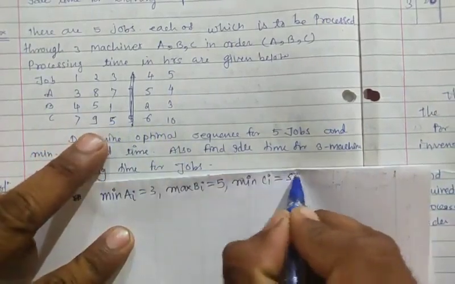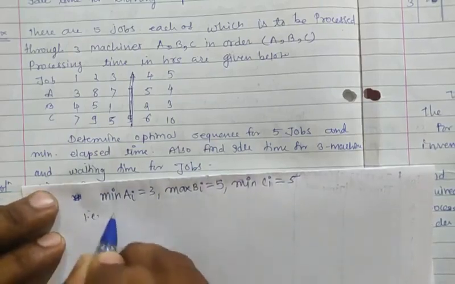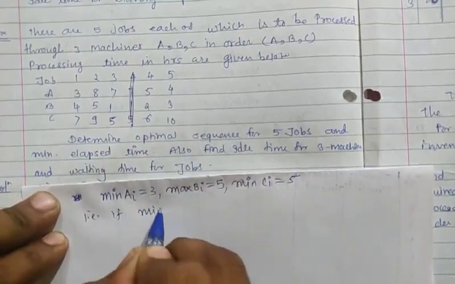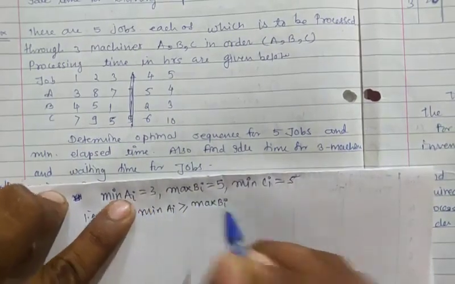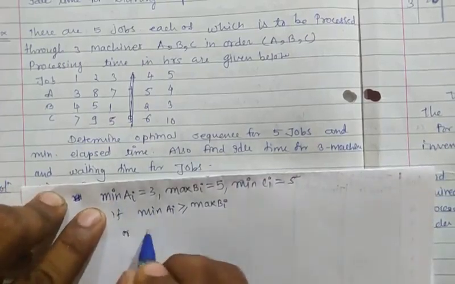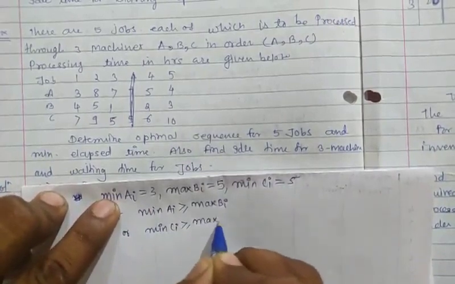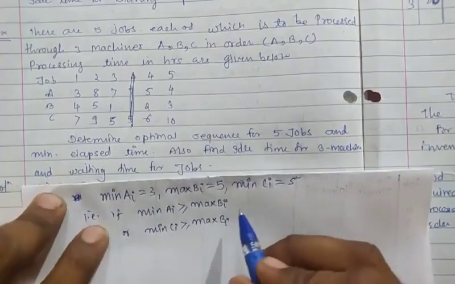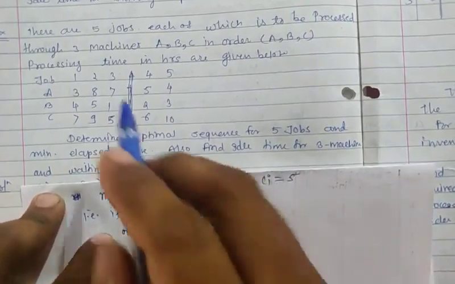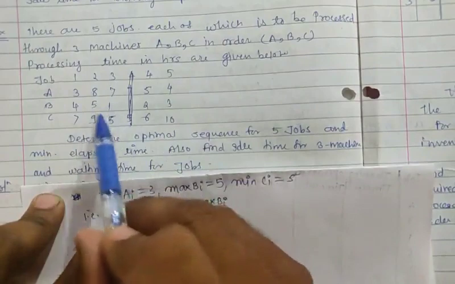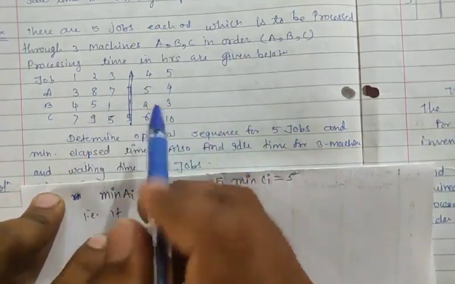Minimum Ci is 5. The problem must satisfy either one of the conditions: minimum Ai is greater than or equal to maximum Bi, or minimum Ci is greater than or equal to maximum Bi. If either one of them is satisfied, then we convert this processing of n jobs through 3 machines to processing of n jobs through 2 machines.